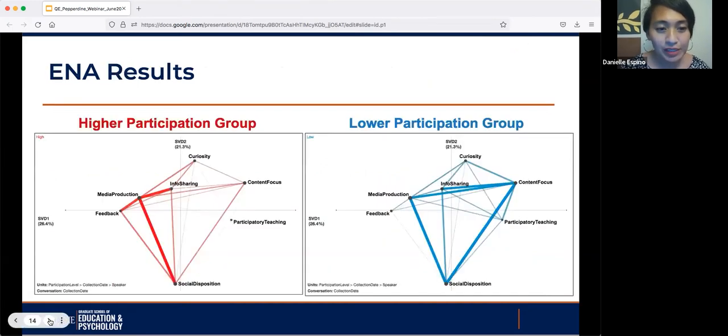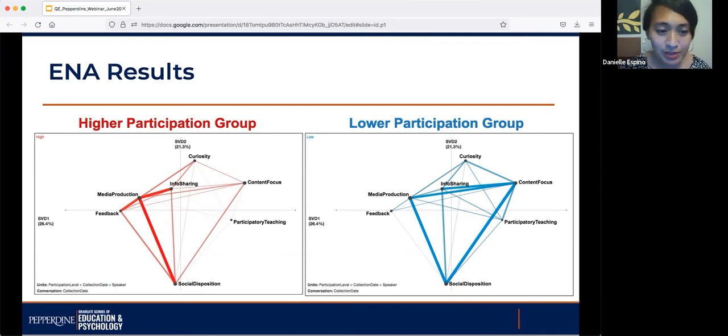So what we have here on the left is the higher participation group, so the ones who talked a lot. And on the right, in blue, we have the lower participation group, so the ones who didn't talk as much. When we look at an ENA model, the first thing we usually like to do is define the space, from left to right.